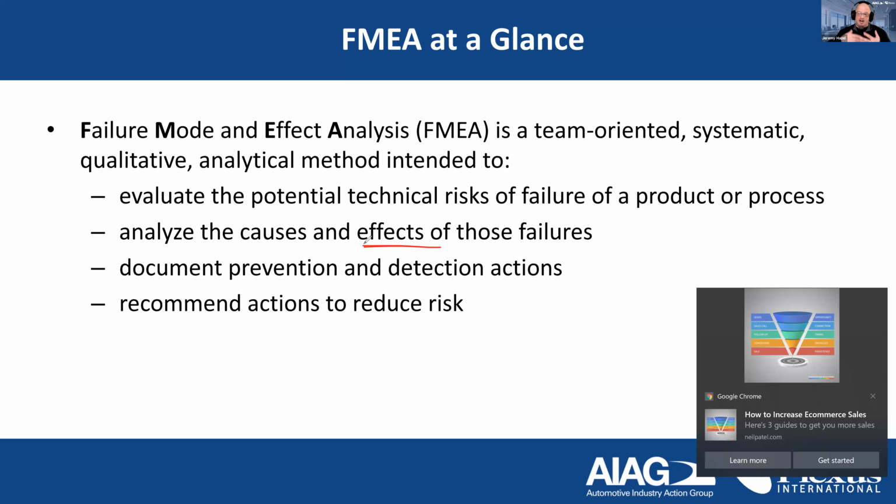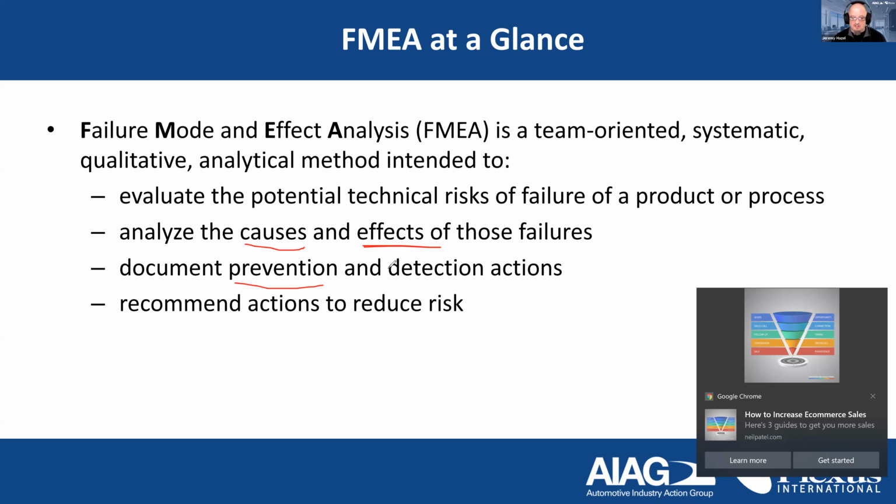And because it's not enough just to look at the mode and the effect, we then have to look at what causes it to not do what it's supposed to do. Now, once we have this in FMEA, you then publicly declare what you're going to do to prevent it, to make sure it does what it's supposed to do, and to detect it.